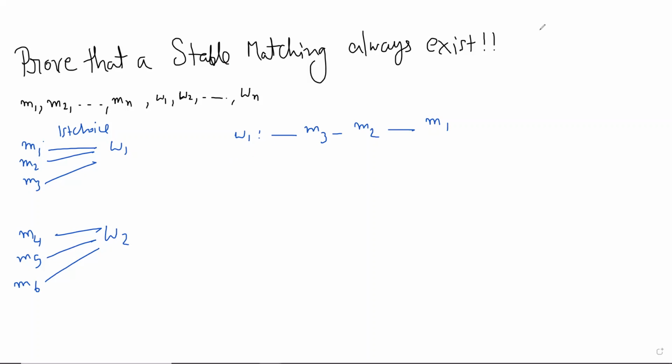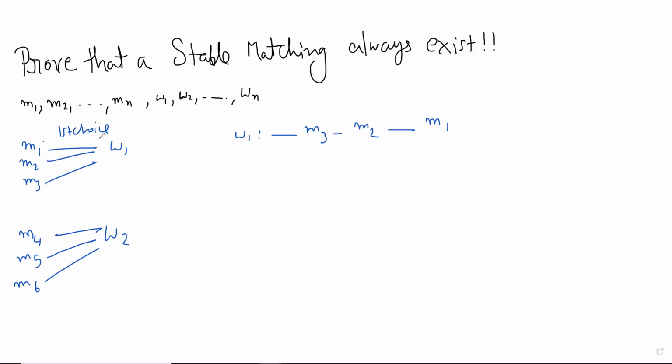So you're saying that first you group all the men who have W1 as their first choice, then group the men who have W2 as the first choice, and so on. Not all women may get used if the first column is not distinct. And then you go to W1 and you pick the best one for W1 among them.